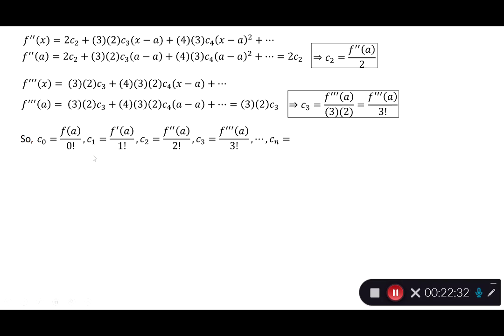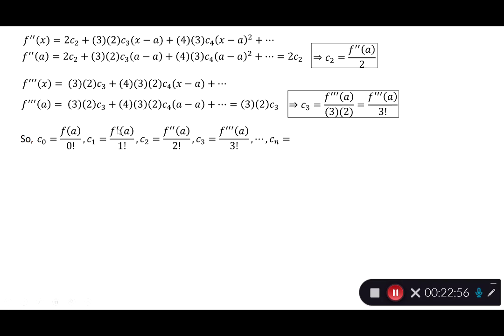What is 0 factorial? 0 factorial by definition is actually equal to 1. So f of a over 1, wasn't that what we found, c sub 0 to be f of a? Yep, but I'm writing it on purpose as f of a over 0 factorial to be able to see a pattern. And what is 1 factorial? 1 factorial is also 1.